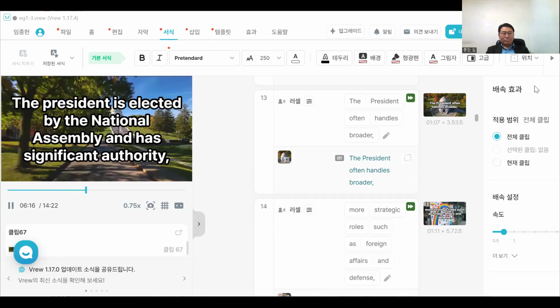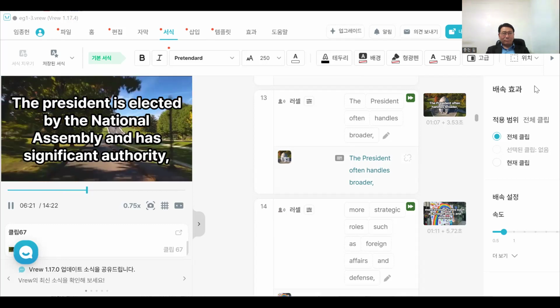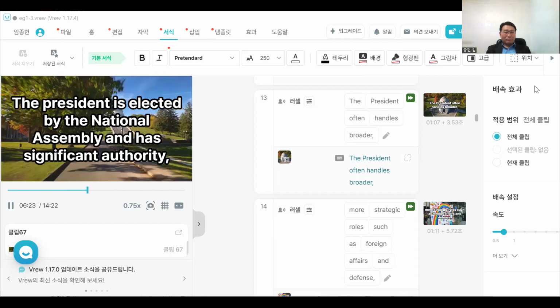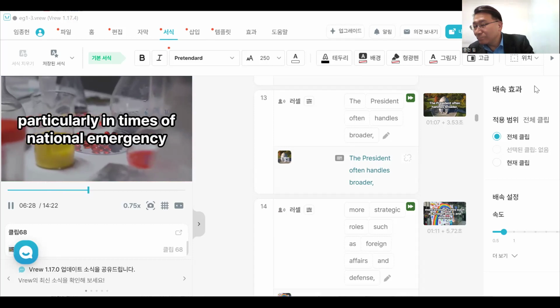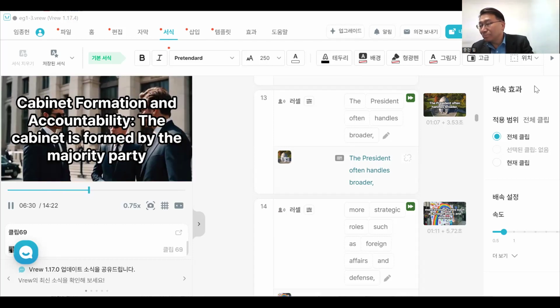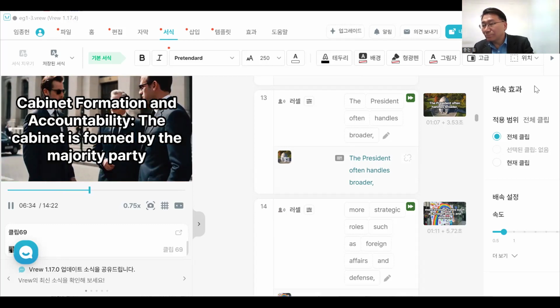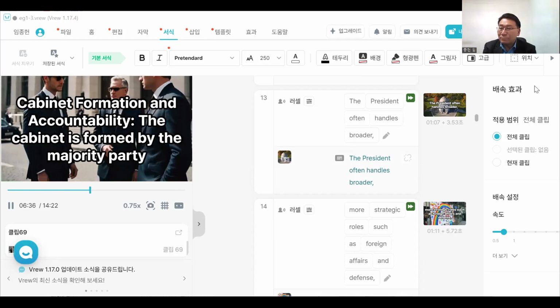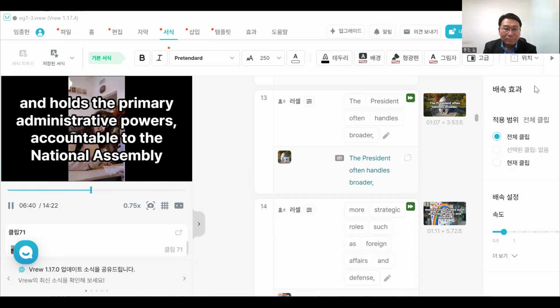The president is elected by the National Assembly and has significant authority, particularly in times of national emergency. Cabinet formation and accountability. The cabinet is formed by the majority party or coalition in the National Assembly and holds the primary administrative powers, accountable to the National Assembly.